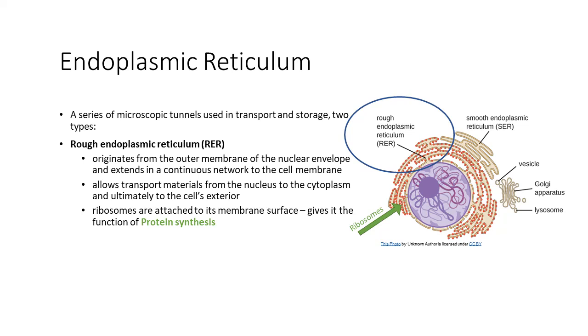So the rough ER, in particular, has these ribosomes, and the ribosomes are going to be the site for protein synthesis. We're going to learn more about that in our genetics chapter. All you need to know right now is that because of the ribosomes on it, the rough ER is not only for transport and storage, but also for protein synthesis.